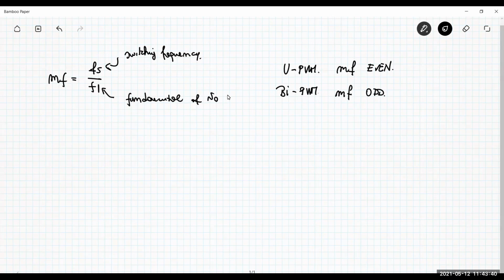But MF integer means that the ratio between the switching frequency and the fundamental of the output component you want to get at the output is always an integer number. But one of the main requirements of having a switch mode DC to AC converter is that I can use a set of control signals provided to this converter in order to modulate the electrical characteristics of the output voltage.